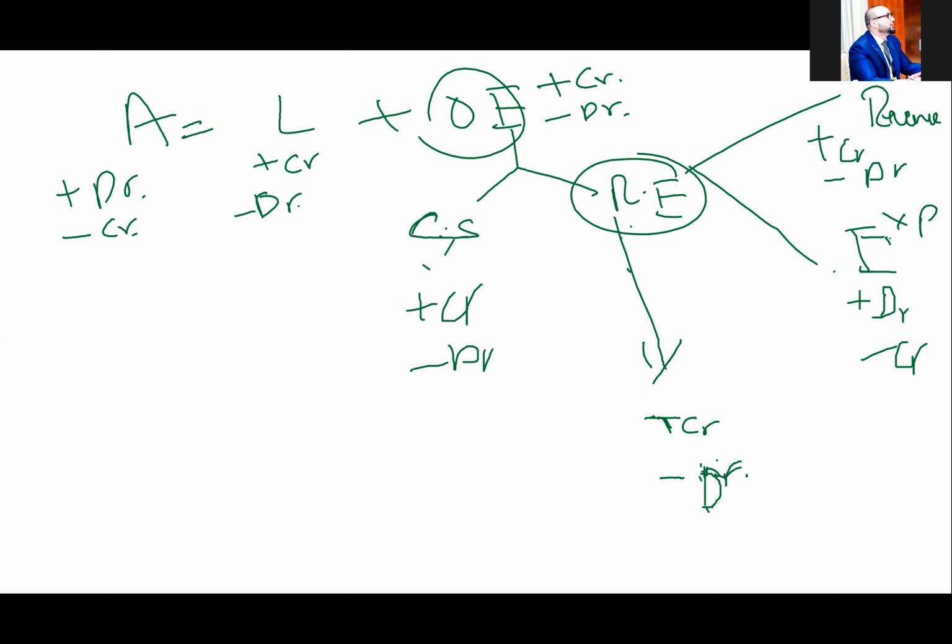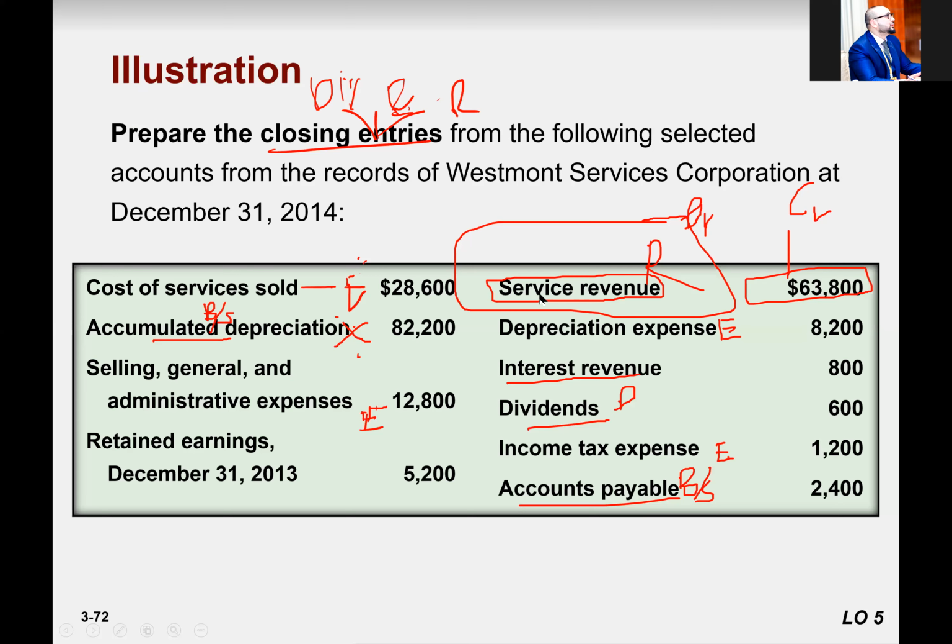Now let's go back to this question. So we know that revenue increase means credit. So the nature of service revenue belongs ultimately to owner's equity. Its normal balance is, we call this increase means normal balance. So service revenue balance is credit.